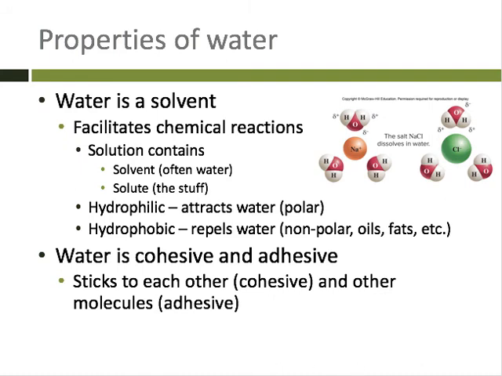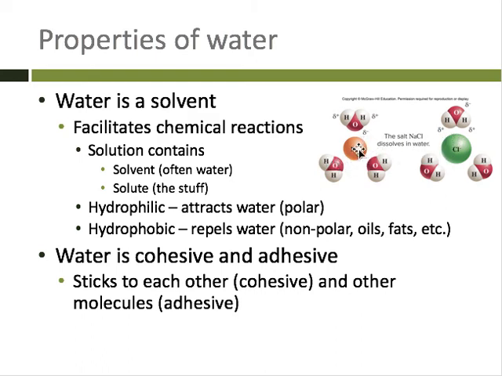Remember how we talked about an ionic bond, and you might have a sodium and a chloride, and they're going to come together in an ionic bond because they're attracted to each other. The cation is attracted to the anion. Well, the reason why NaCl, or salt, dissolves in water is because all of those water molecules are going to come in and they're going to disrupt this attraction.